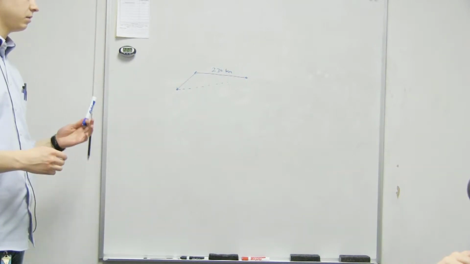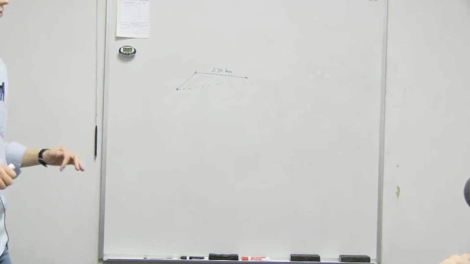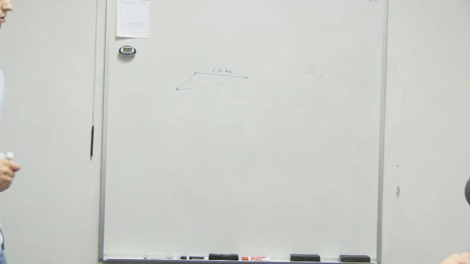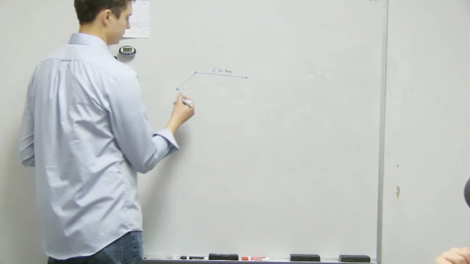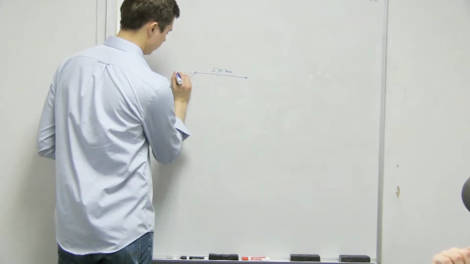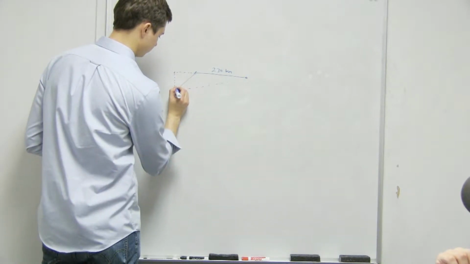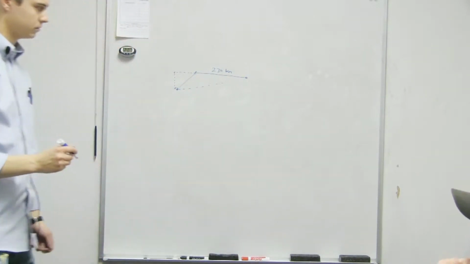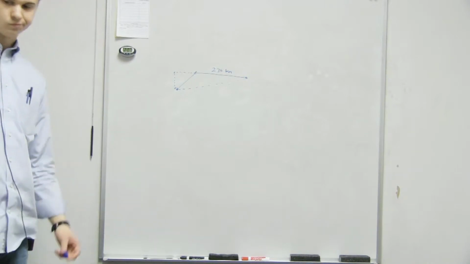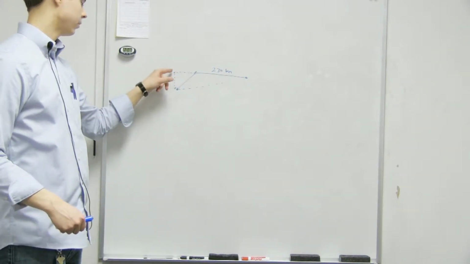Whenever we see vectors or arrows on a diagonal, our first instinct should be to break it into components. When I say components, I mean break it into a horizontal piece and a vertical piece, an x component and a y component.